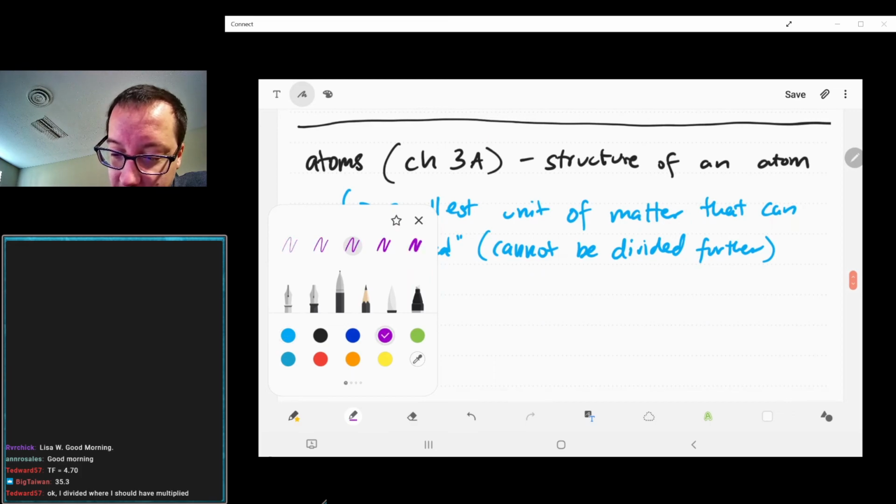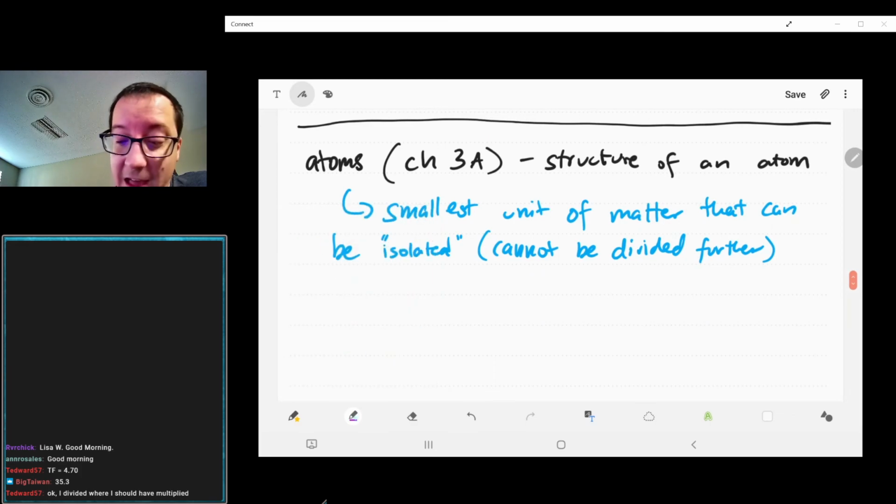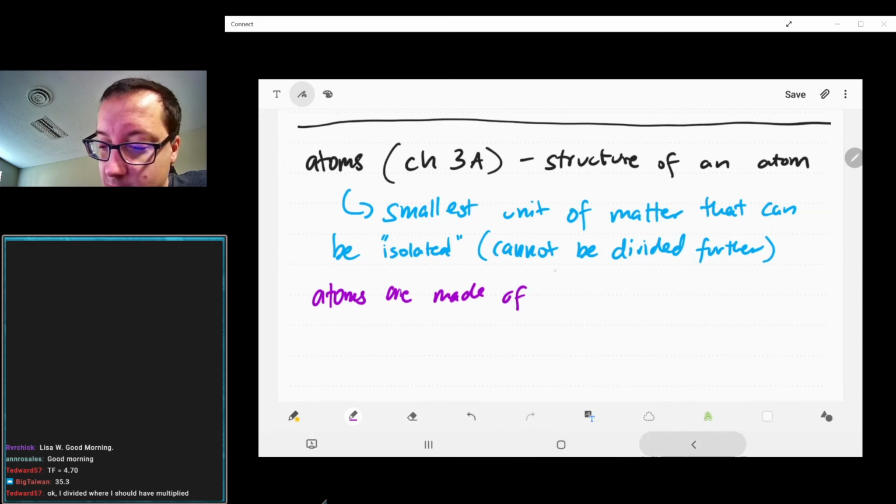Nowadays, though, we know that atoms are made of 3 components, which we call subatomic particles.